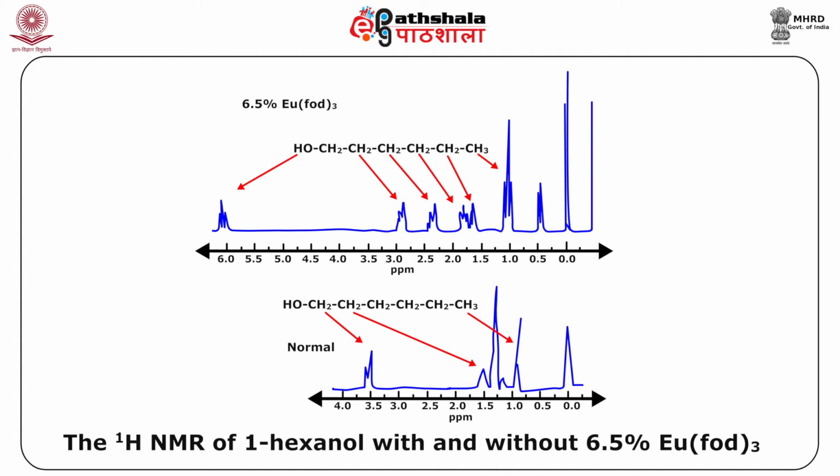Thus, on addition of shift reagent, the spectrum is simplified to almost first order, and you can appreciate it more by seeing these unsimplified and simplified spectra. The shift reagent concentration is only 6.5%, and here we have used Eu(FOD)3, europium tris-FOD, as the shift reagent.